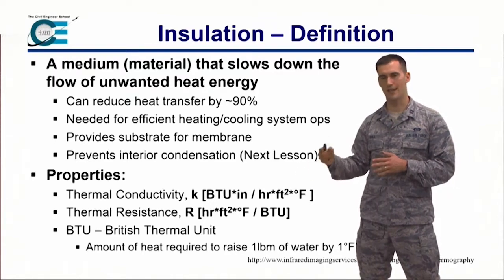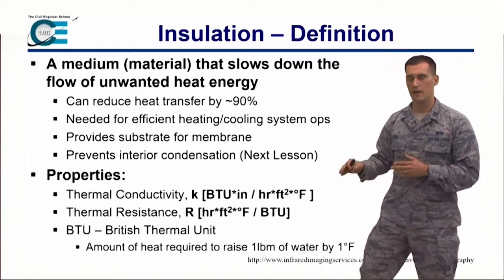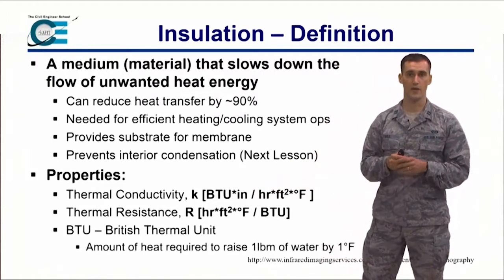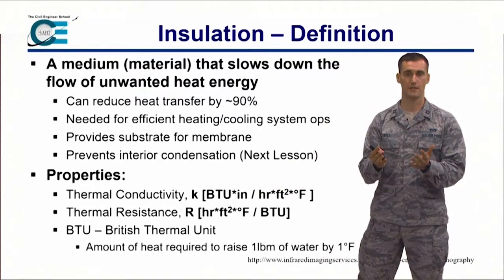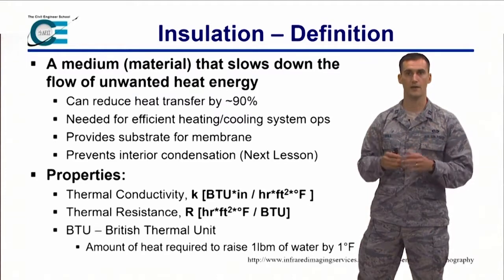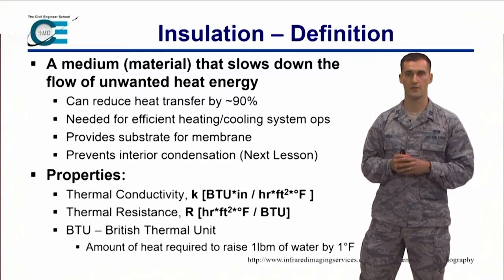Thermal conductivity is kind of the opposite. With thermal resistance, the higher the R value, the better. R11 insulation is going to be better than R4 insulation. The higher the resistance, the better its characteristics to prevent energy transfer.